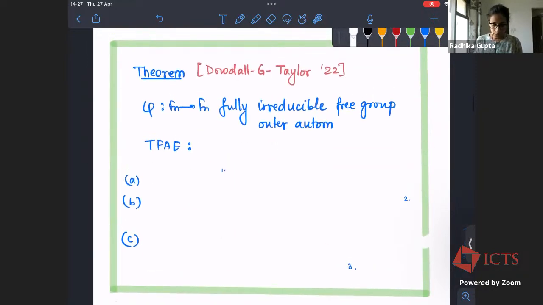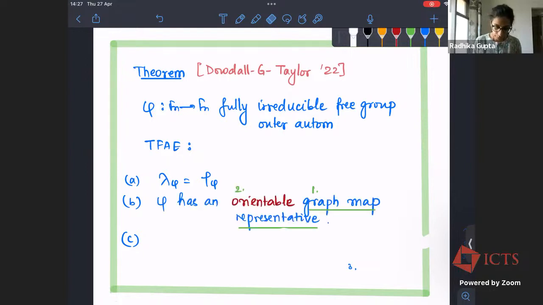Okay, so I'll show you our result, and then I'll define some things in there. I'm starting with a fully irreducible free group automorphism, the same setting. Then the following are equivalent: the geometric stretch factor is equal to the homological stretch factor if and only if phi has an orientable graph map representative.